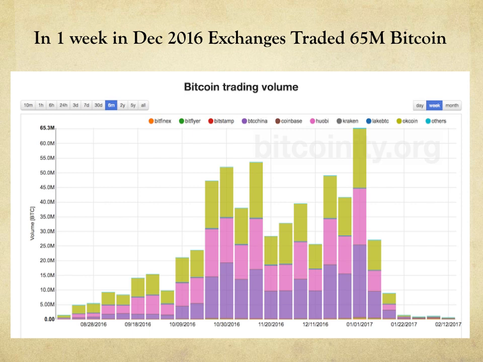Here's the trading volume for that 65 million Bitcoin that traded in 1 week in January of 2017. Insane. Those three colors represent the Chinese exchanges. This is a 6-month chart for the amount of volume traded on a weekly basis. The three largest exchanges are OKCoin, Huobi, and BTC China.